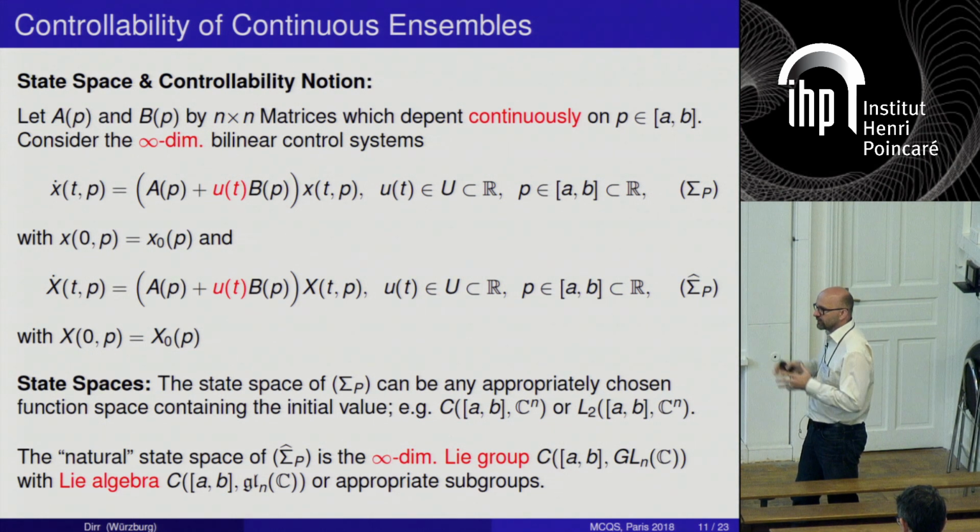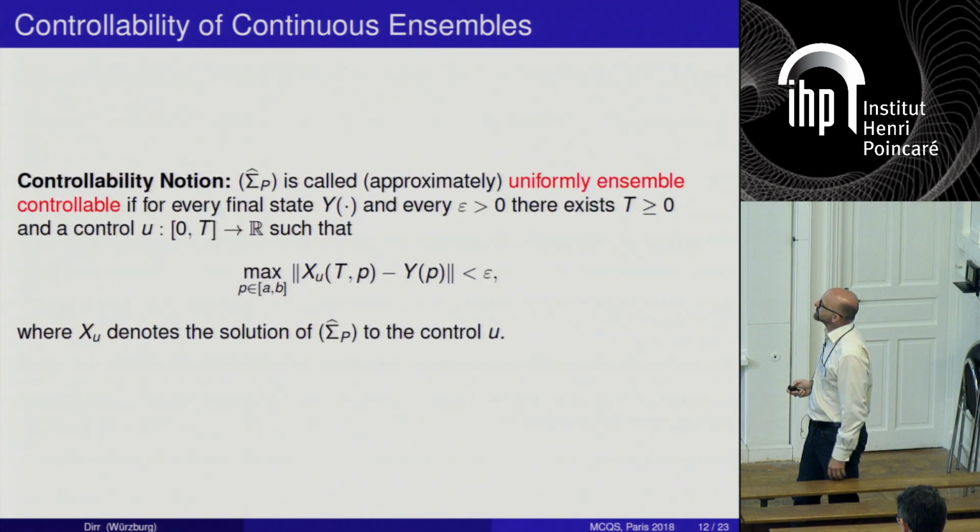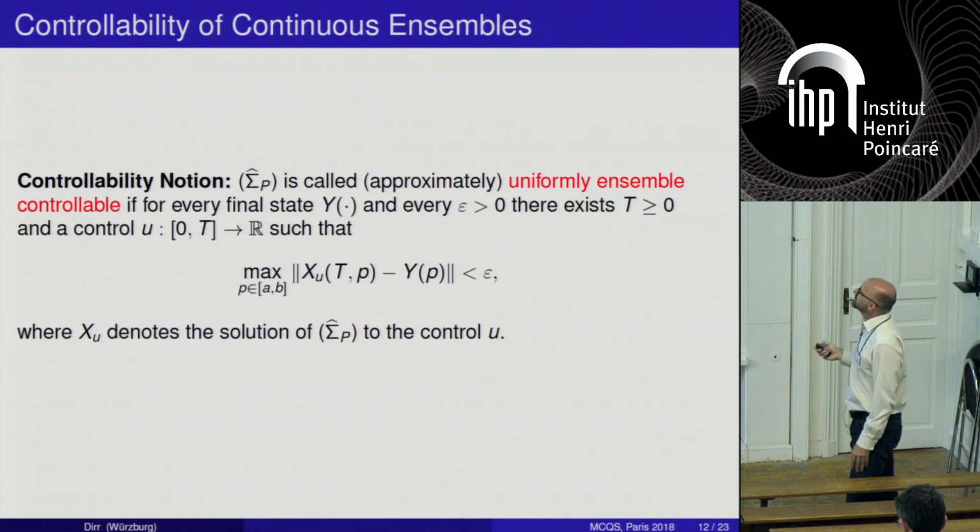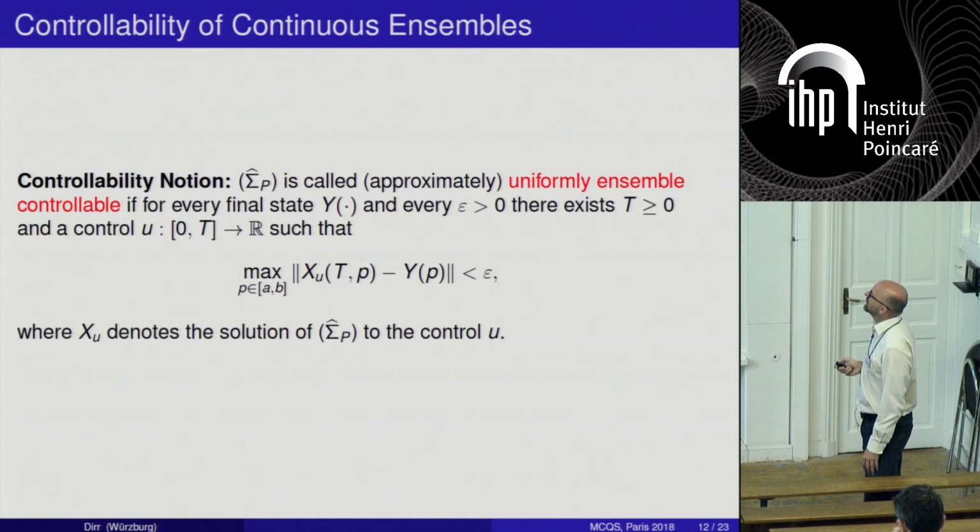And once you have fixed the topology or the norm, you have fixed, so to say, the controllability notion, and we say that this ensemble is uniformly ensemble controllable. Usually, since you are working with infinite dimensional systems, you focus on approximate controllability, because most infinite dimensional systems are not exactly controllable. This is also the case for these systems.